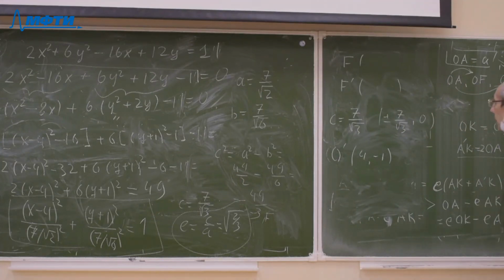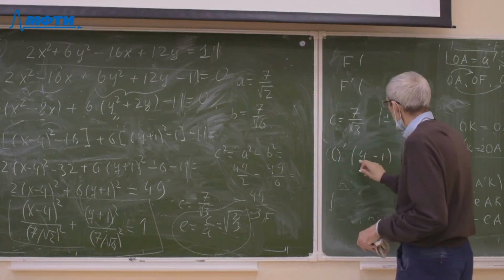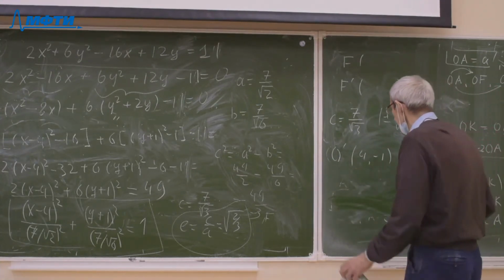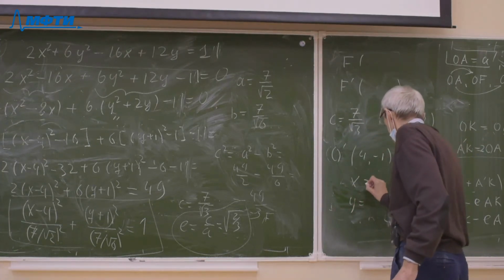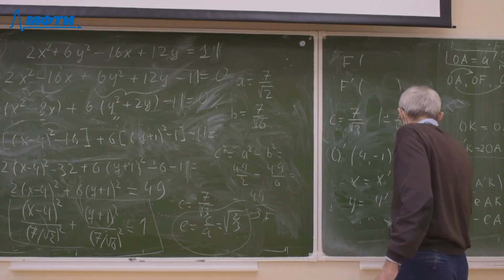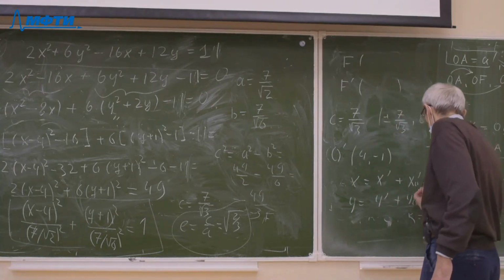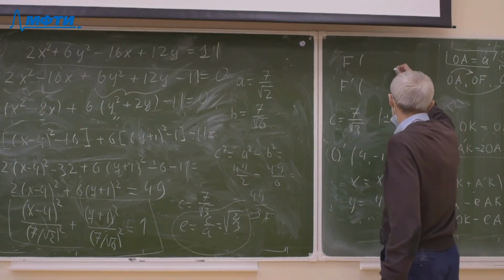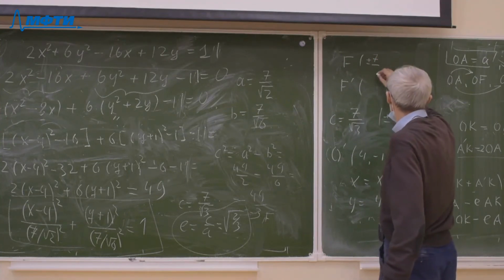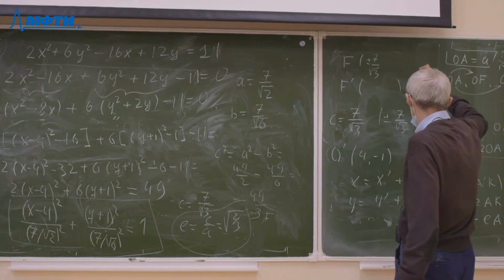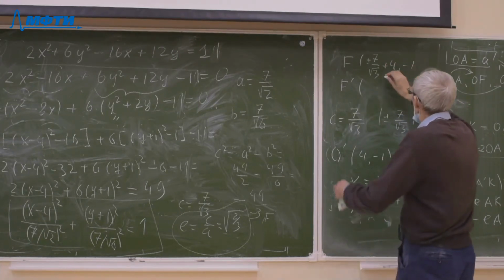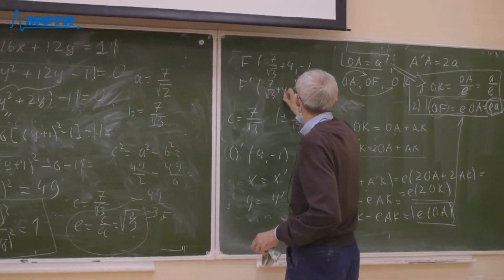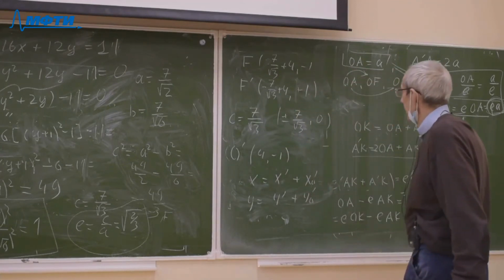In the initial coordinate system, we add the coordinate of the new origin to the coordinate in the new system, with the formula x prime, y prime plus x0 prime, y0 prime. After that we obtain the following value: plus for F, minus for F prime.